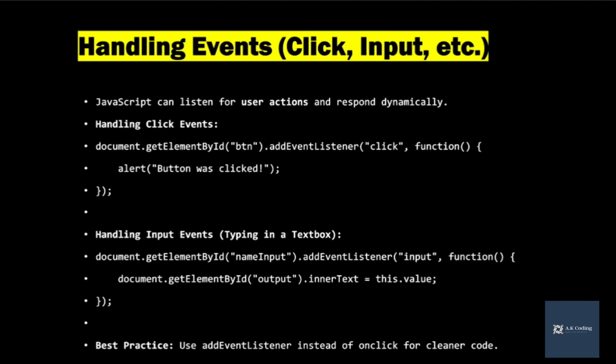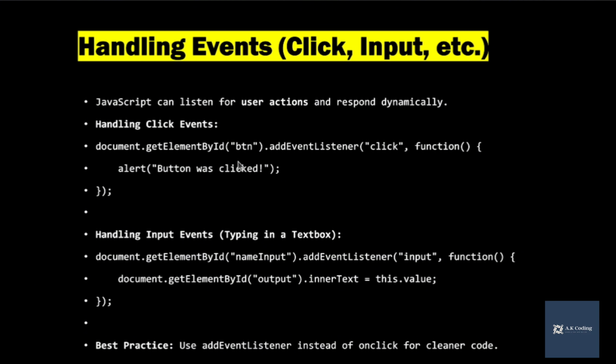Most JavaScript developers use this in order to make actions for a specific tag. We are using click, and we are writing a function here. When the user clicks that button, the function runs and gives an alert from the top, and "button was clicked" will appear.